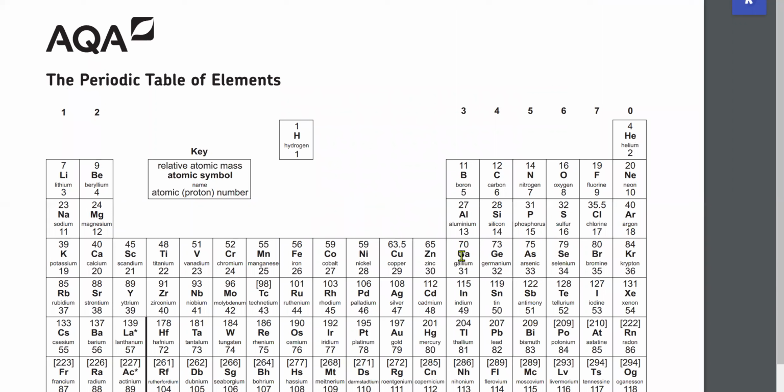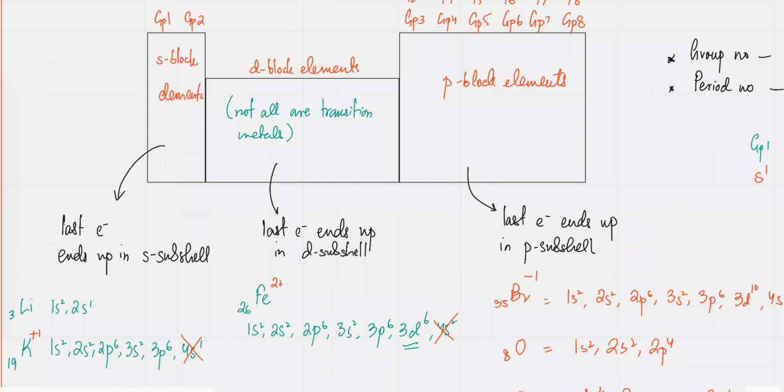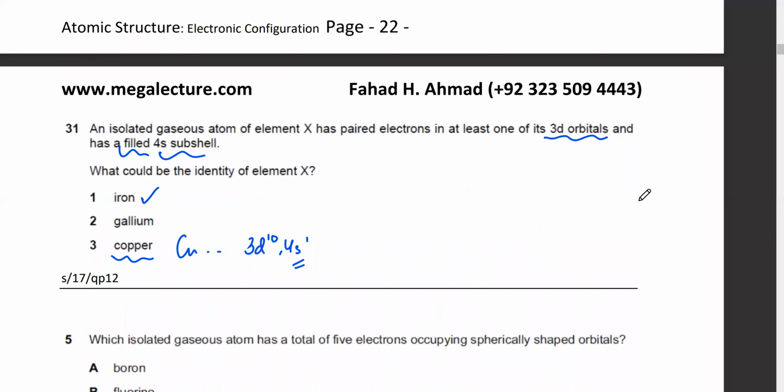The electronic configuration up till 30 would be 3d10, 4s2. After 4s, there's going to be 4p, which would have 1. So the 4s and the 3d would be completely full. You can write the electronic configuration of gallium, and that is exactly what you're going to get.